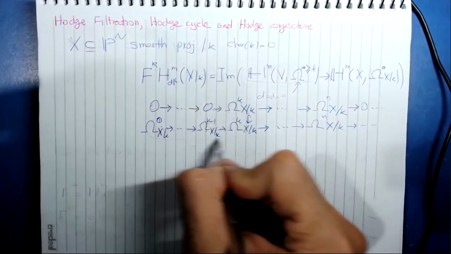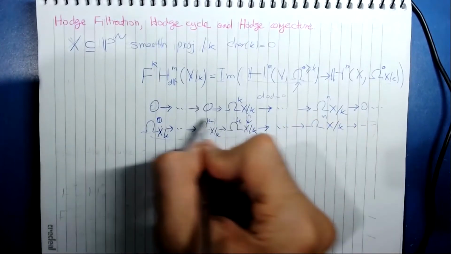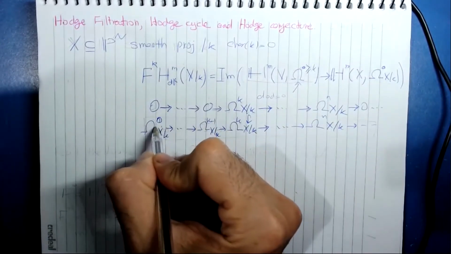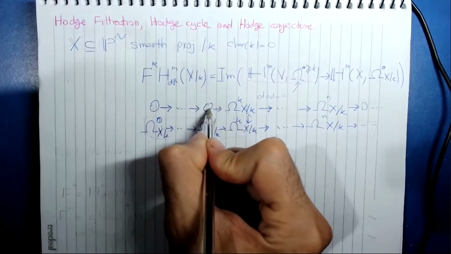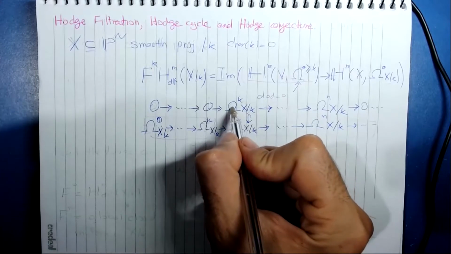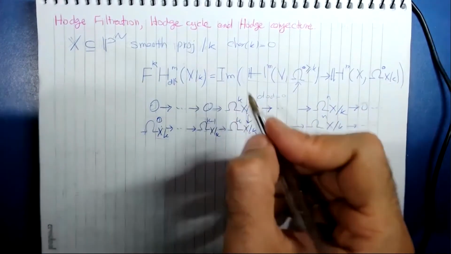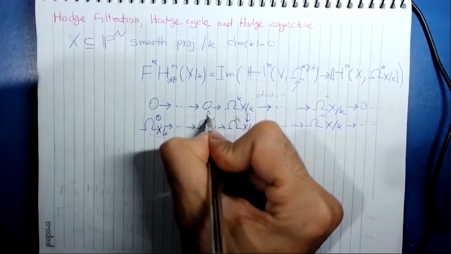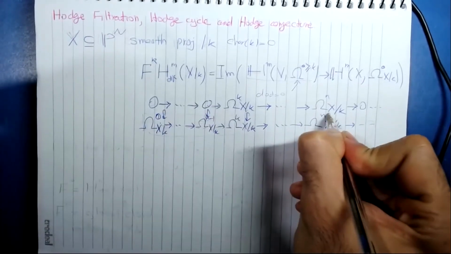So I have written already the usual complex of differential forms on X. You see that on top of Omega^0 until Omega^(k-1), I just put 0. And after Omega^k, I write the full set of differential forms. So we have this inclusion from here to here.